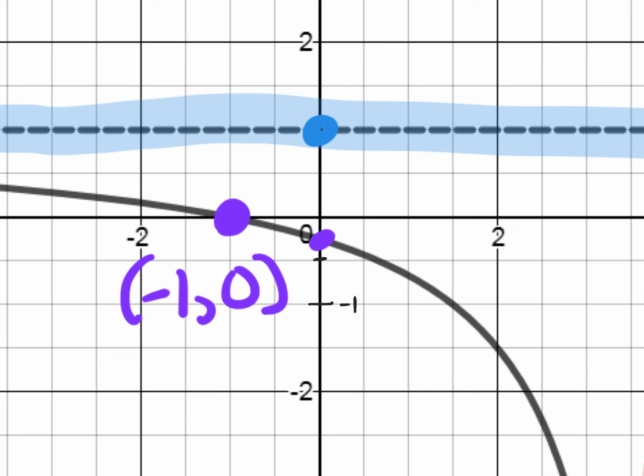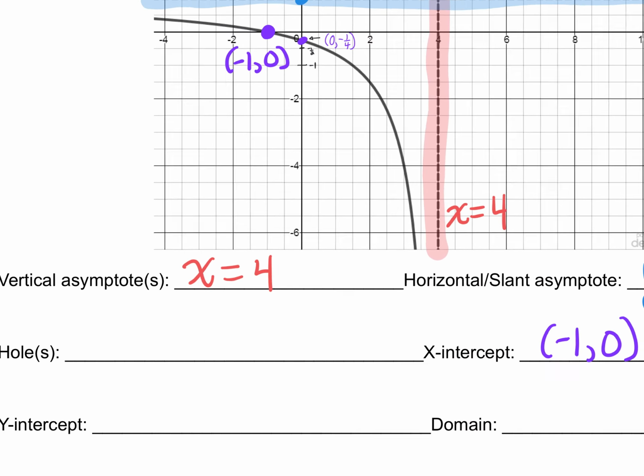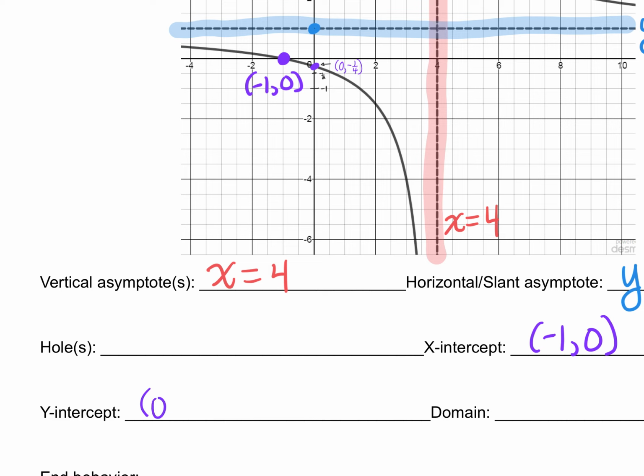So this is -1/2 on the y-axis, which means this point looks like it's approximately -1/4 on the y-axis. So I would write that as a y-intercept. I'm going to put that down here underneath y-intercept, the point 0, -1/4.